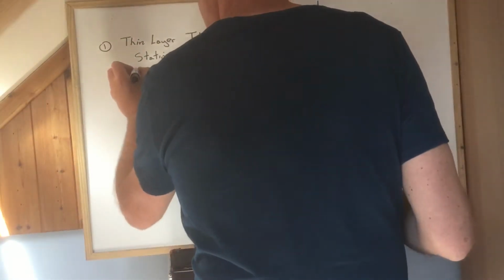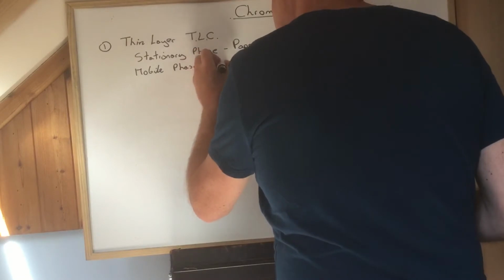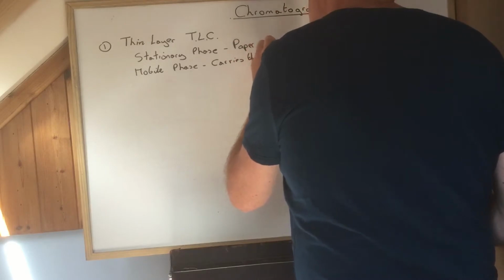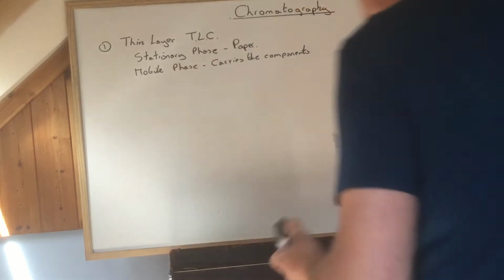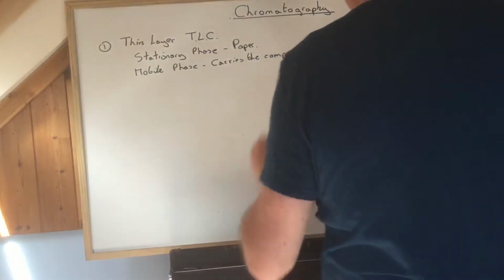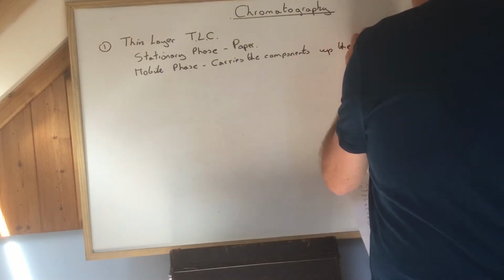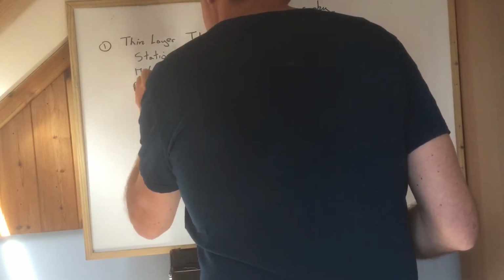And you've got a mobile phase, which moves up the plate and carries the components. Because it's used for separating mixtures, it carries the components different distances, okay? So this is just run up the paper. Then you've got something weird called an RF value, okay?